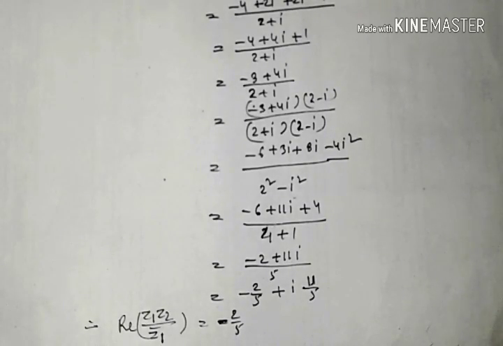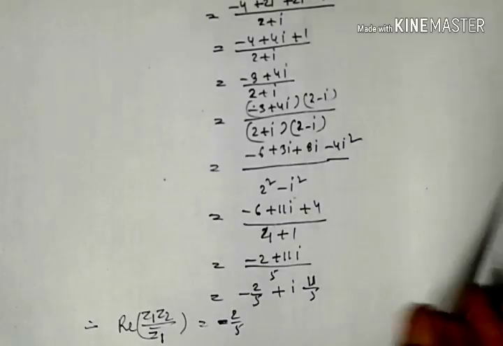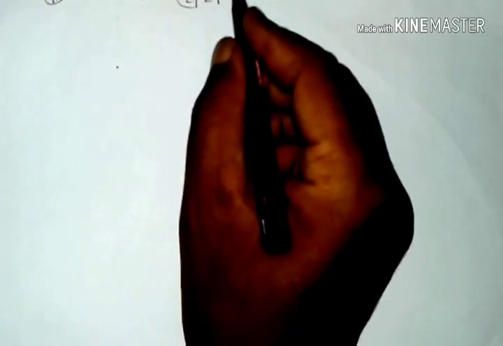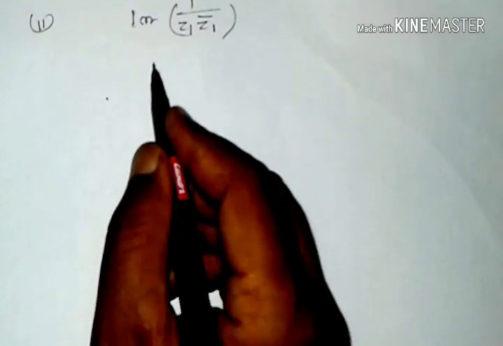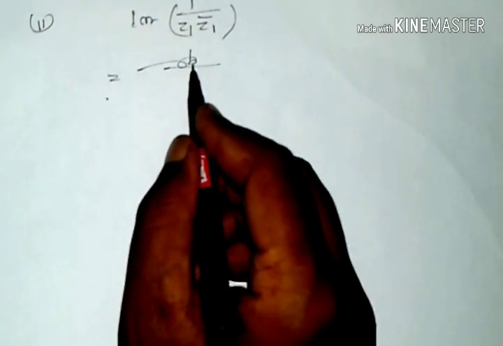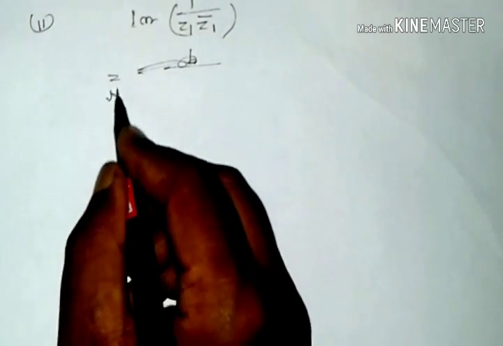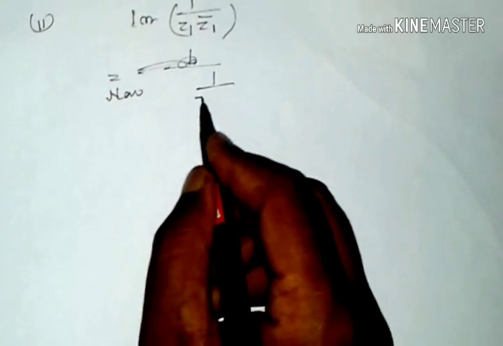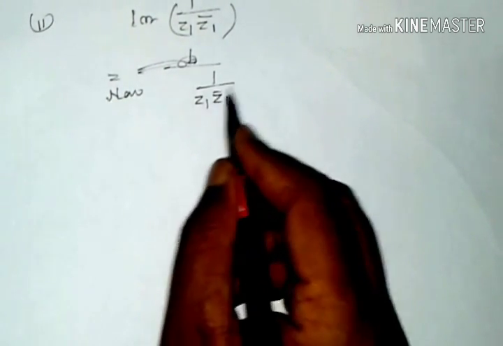And the next problem is the imaginary part. This is the next question, that is the solution: find the imaginary part of 1 by z1 bar.